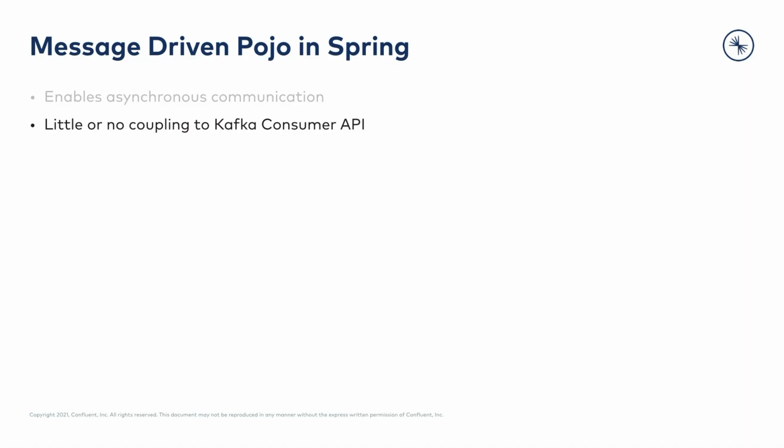The concept of messaging does not have a direct connection to the Kafka API. That's why the layer of message-driven POJO support can be implemented as something abstracted out, and only the particular implementation will fill in the blanks and provide the integration with the Kafka consumer API. So by default, message-driven POJOs don't depend on the underlying technology.